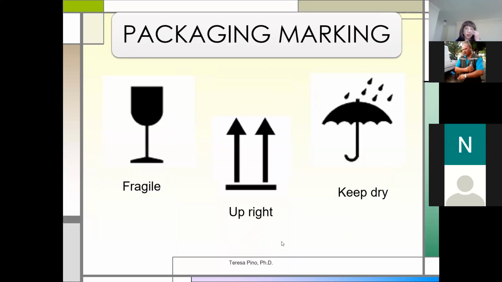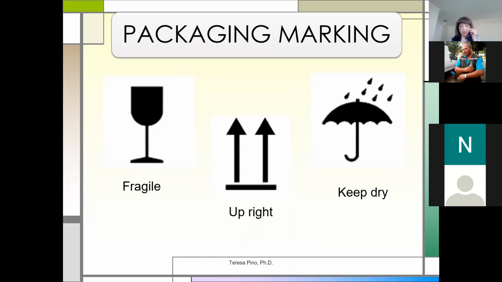What are the markings we need to use for beer and for any type of alcohol or liquids? Fragile, upright, and keep dry. Fragile, right? Because even if they are cans, they dent, they distort. Upright, because if you put it sideways and somebody or something is put on top of it, the bottles may break and the cans dent.